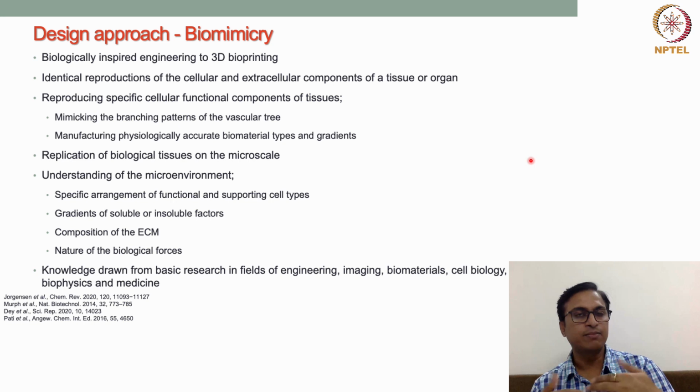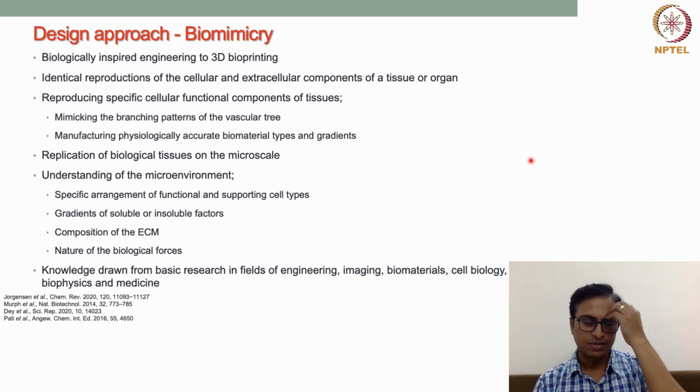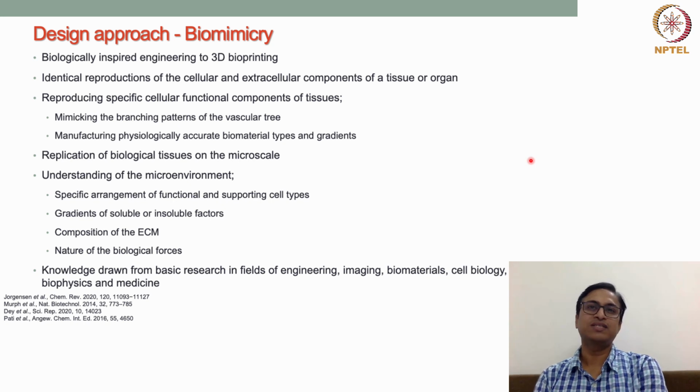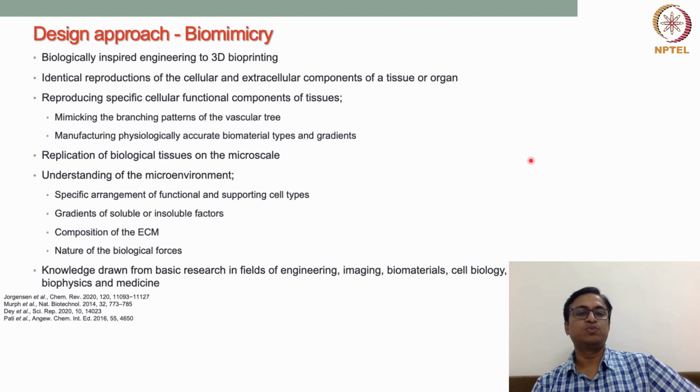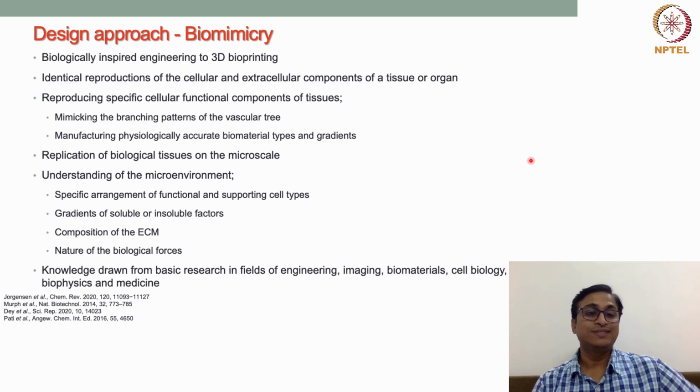So the biological tissue has to be replicated at the micro scale to gain the function of that particular tissue, because all different tissues have some microstructural units. That is very important for their function, so we need to replicate that while printing.